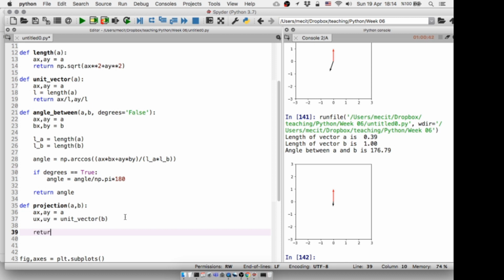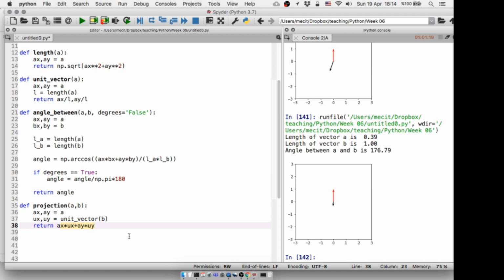So I can just return ax ux plus ay uy. It looks very simple, but let's go over it again. I get the components of A, and then I get the unit vector along vector B, and the projection is the dot product as I have shown on the slides.